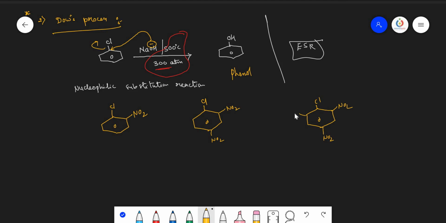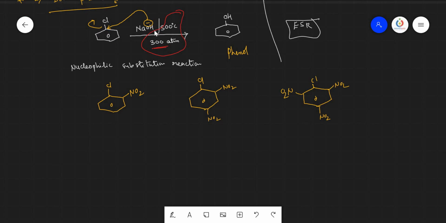Why I am explaining these three reactions is, when you use only chlorine without nitro groups, the drastic conditions are needed. If any electron withdrawing group is there, the nucleophilic substitution reaction takes place very easily. Otherwise, we need to use the drastic conditions.